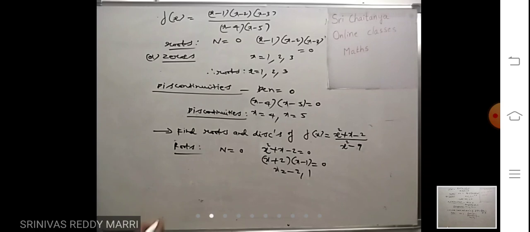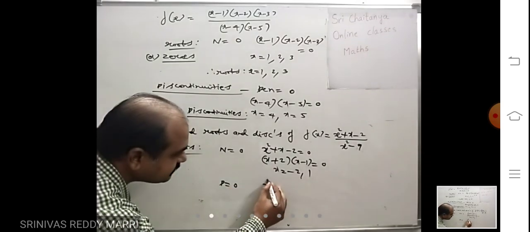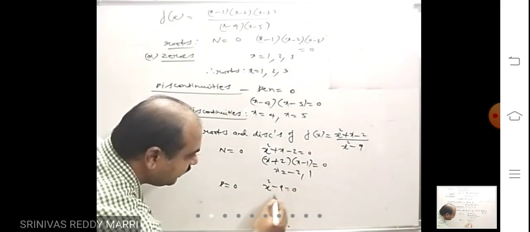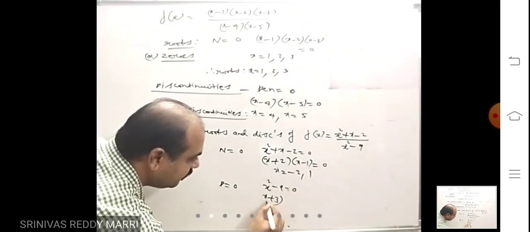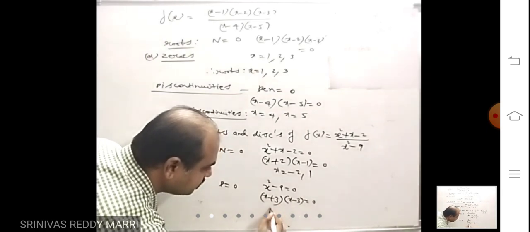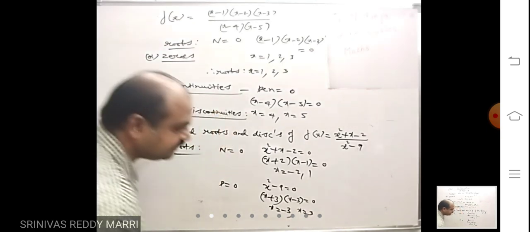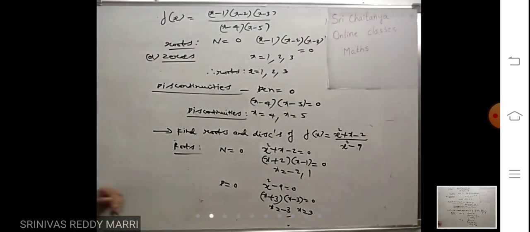Numerator equal to 0, denominator equal to 0. Denominator equal to 0 means x square minus 9 equal to 0. X plus 3 into x minus 3 equal to 0. X equal to minus 3, x equal to 3. These are the discontinuities.